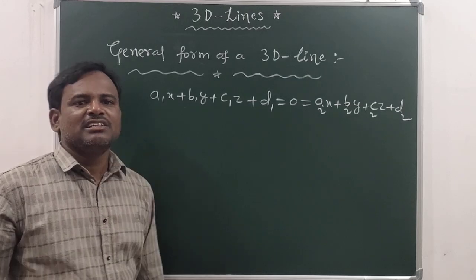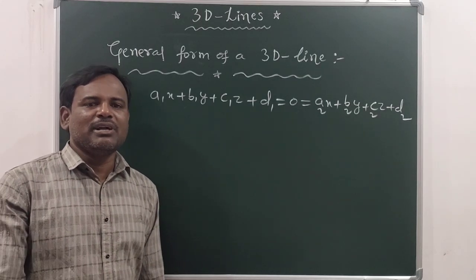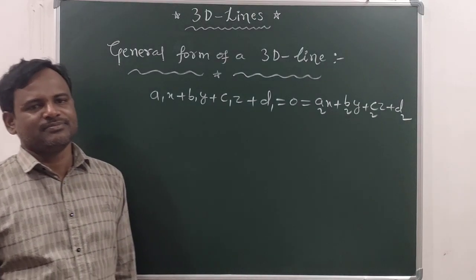So this is the general form or unsymmetrical form of a 3D line.